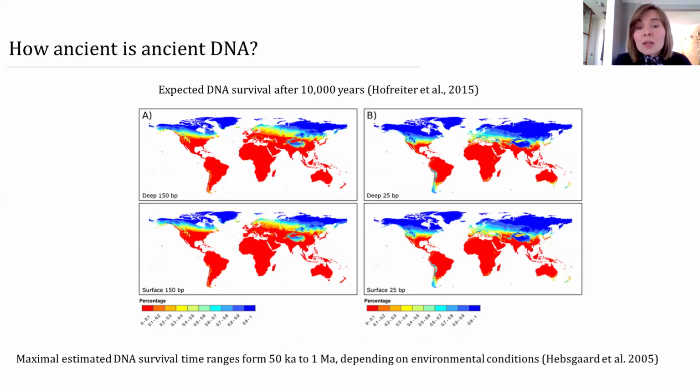There were estimations that, depending on the conditions, because DNA preserves better in cold conditions, so most of the records we have now come from cold areas, it can be preserved up to 1 million years.